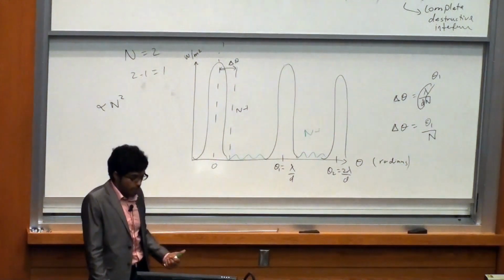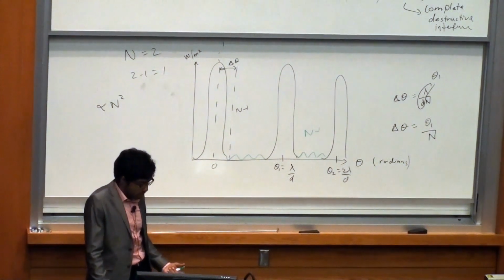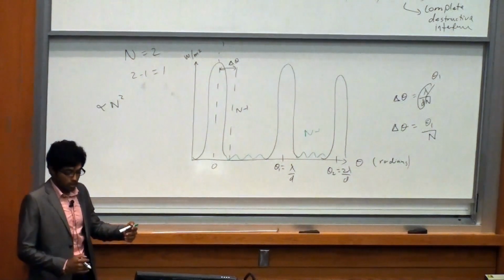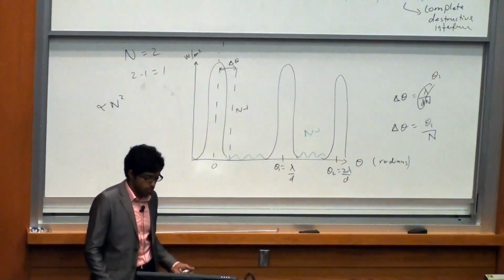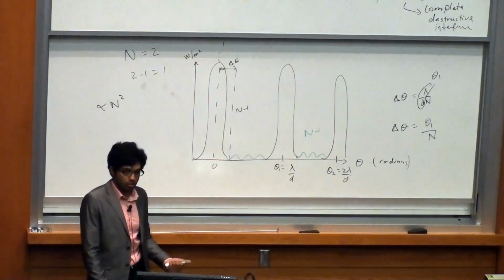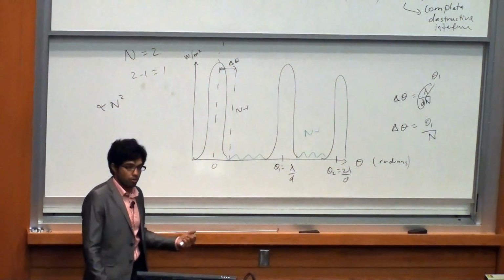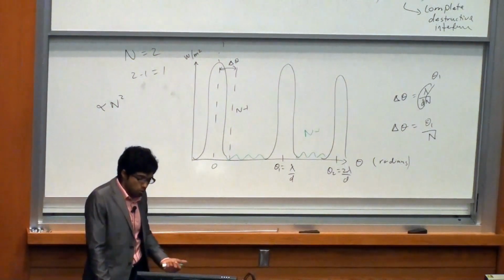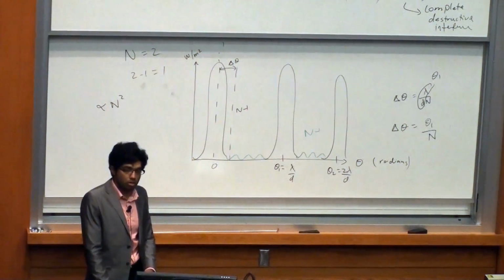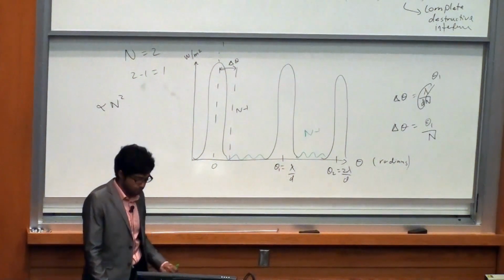So if it's higher by a factor of 9 but narrower by a factor of 3, then my overall increase in light intensity is just a factor of 3. So this makes sense. You get 3 times more intense light for 3 times the number of light sources. And this means that there's no violation of the conservation of energy.